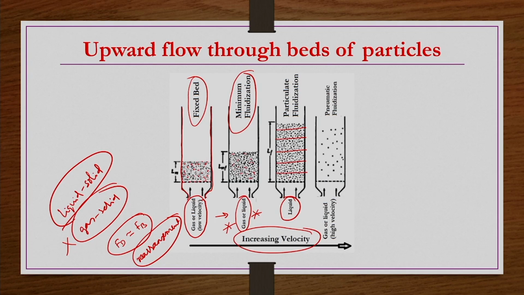Even in particulate homogeneous fluidization there may be slight variations, say 0.39, 0.41 instead of exactly 0.4, but on the average at any cross section, you get approximately the same voidage.